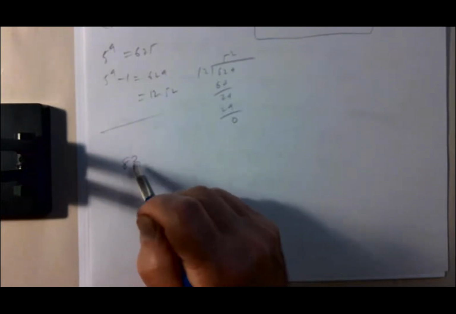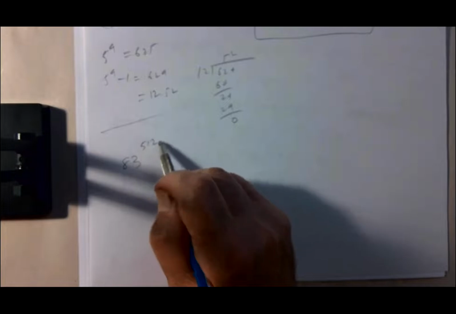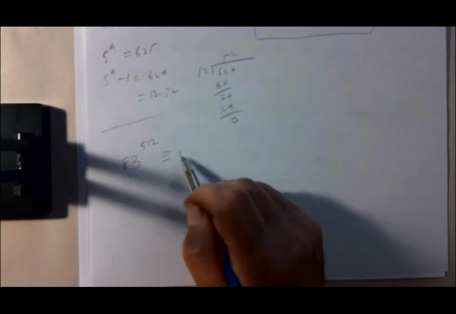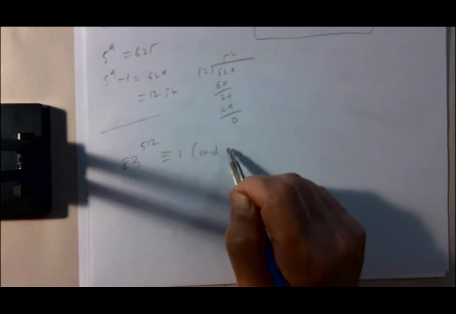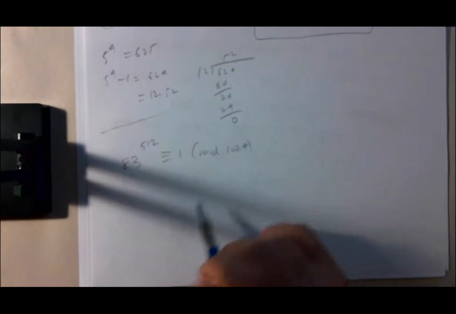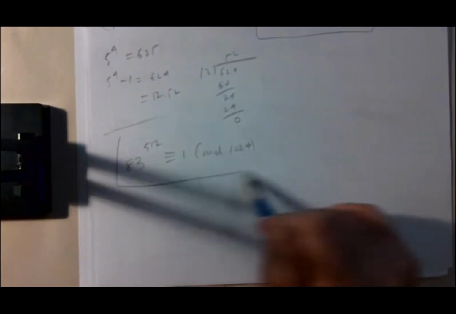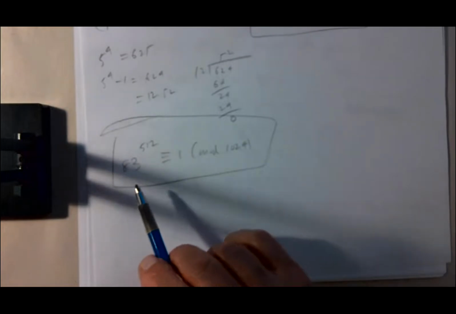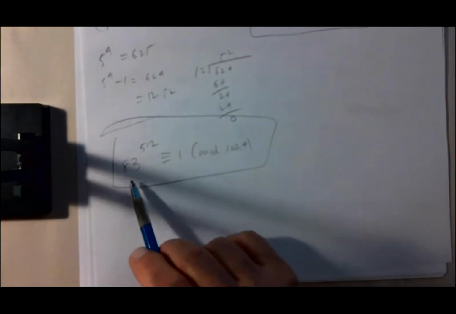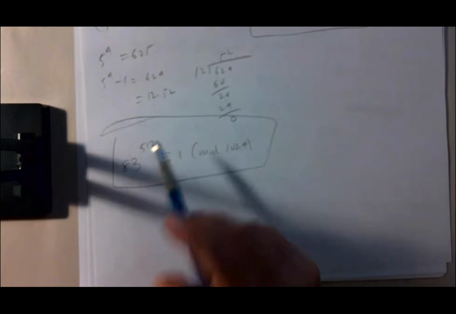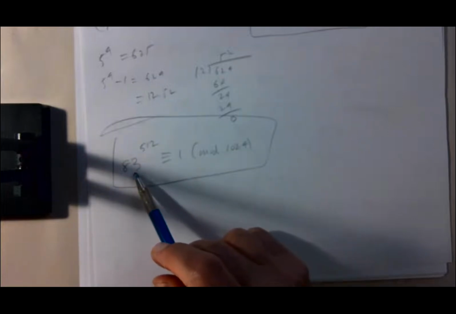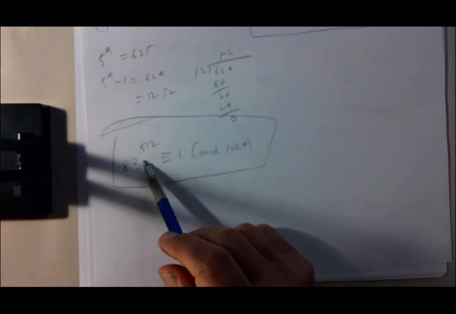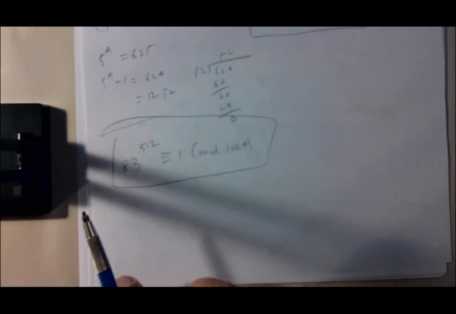Here's another example. 83 to the 512th power is congruent to 1 mod 1024. Now, this you don't want to check by hand. I mean, you can't take 83 and raise it to the 512th power, right? It would take you a year just to multiply 83 by itself 512 times.